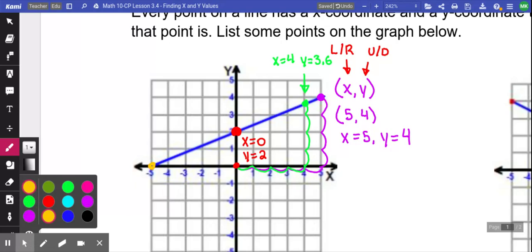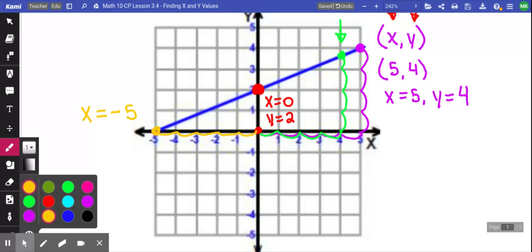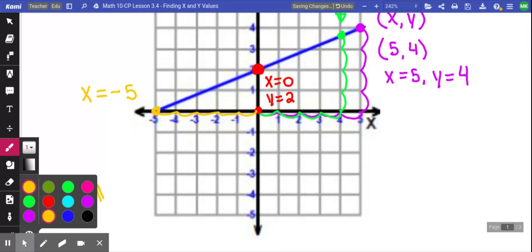If I wanted to describe that point, it's 1, 2, 3, 4, 5 to the left. So the x value would be -5. Negative means you're going left. The y value of that yellow point would be 0 because I haven't moved up or down.